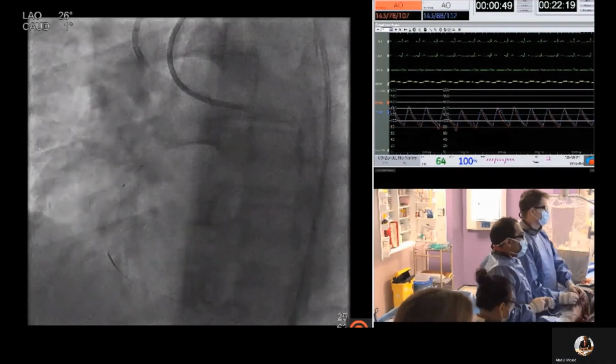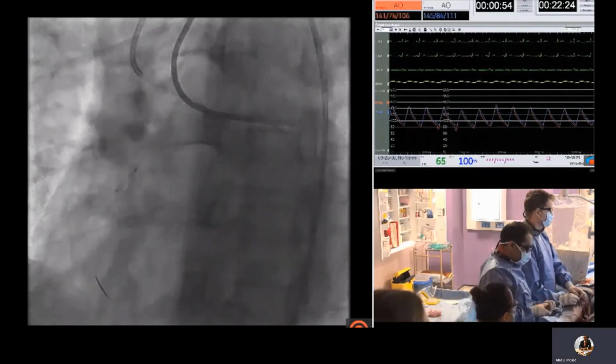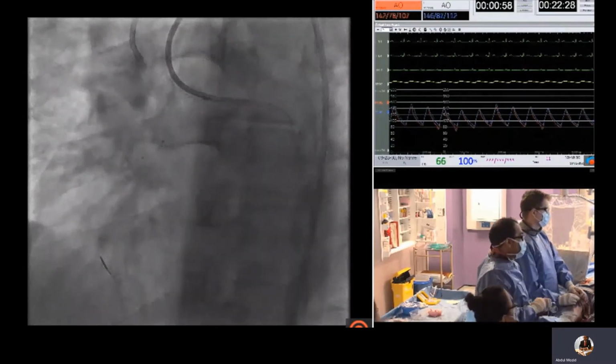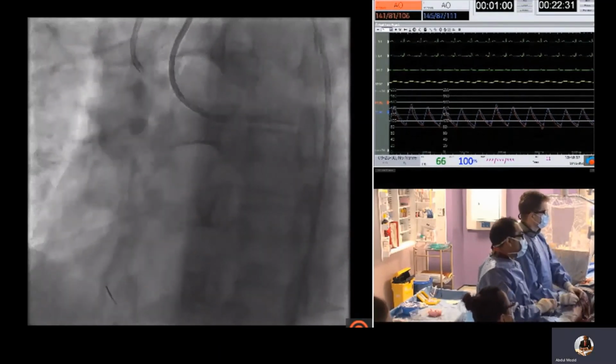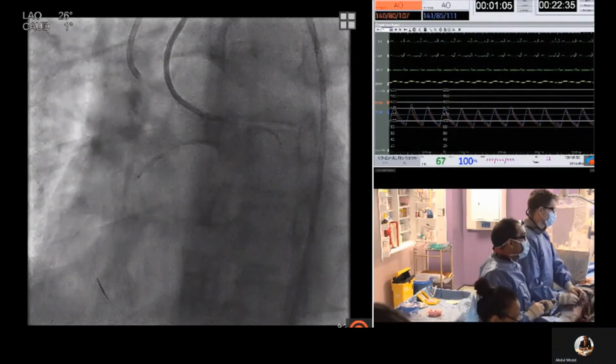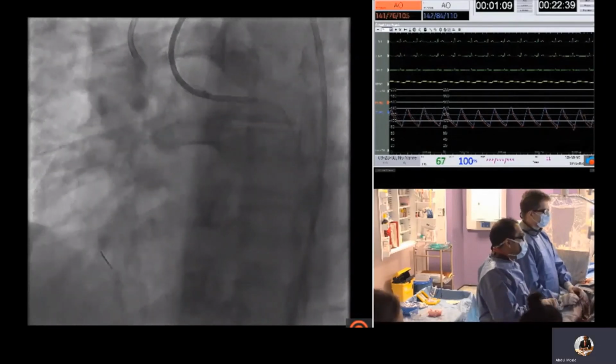So here we're dilating the tract, and you can see that the GR4 guide is hanging well out, and we're using the guide extension to actually engage the right coronary artery. The occlusion segment is pre-dilated.